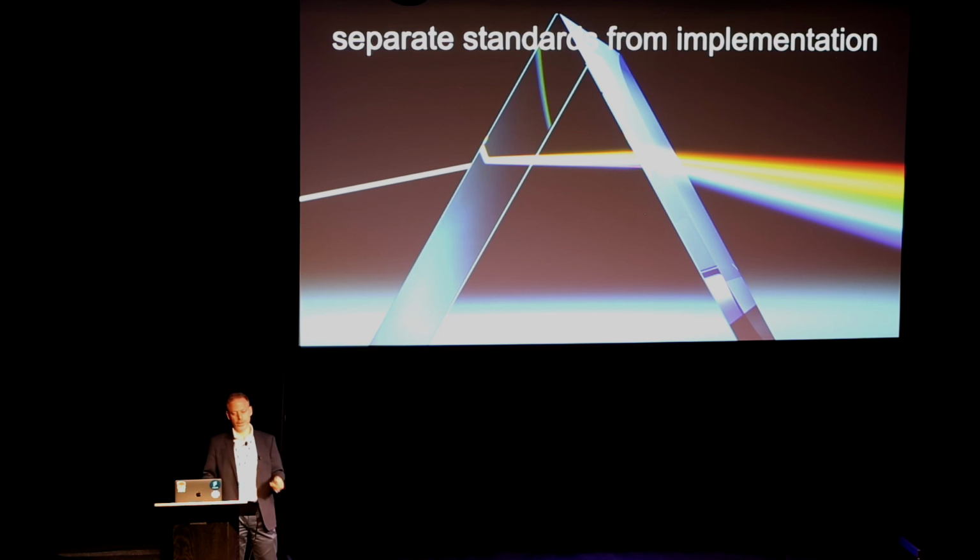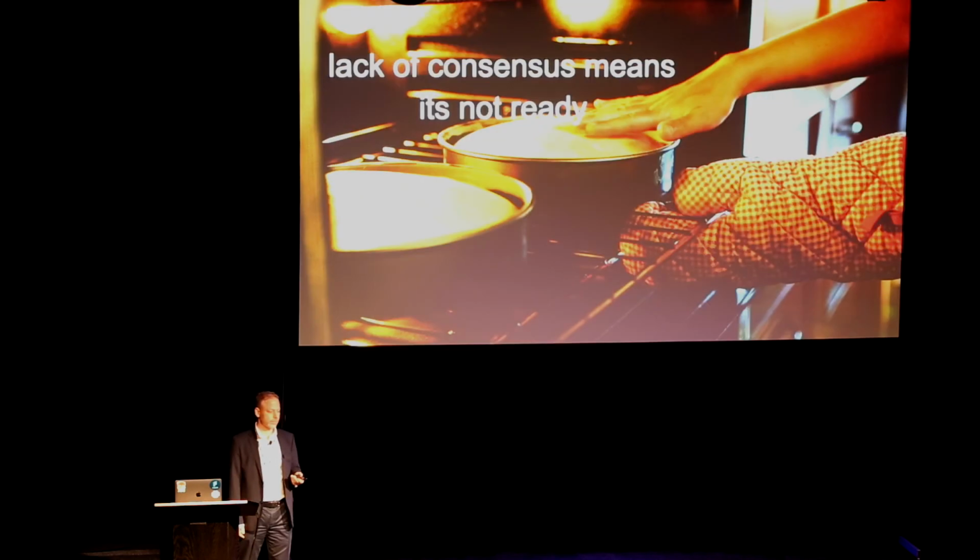What is implementation and what's the actual standard? And finally, if you can't get consensus or near consensus on a topic, then it's probably just not ready. You're going to get consensus when people are ready to really come to the table, when it's really critical for them to make it a standard. And that's the right time to push that forward.